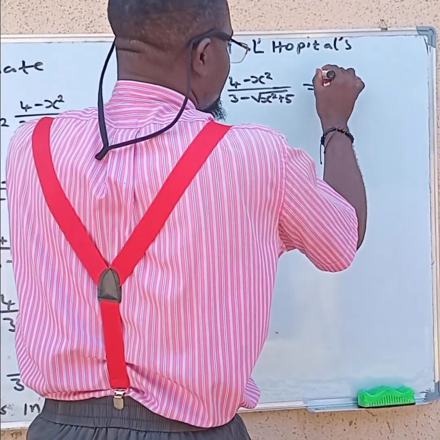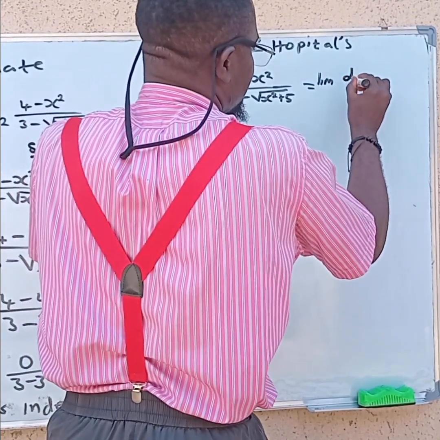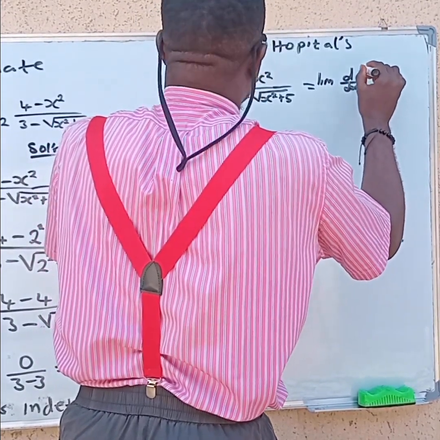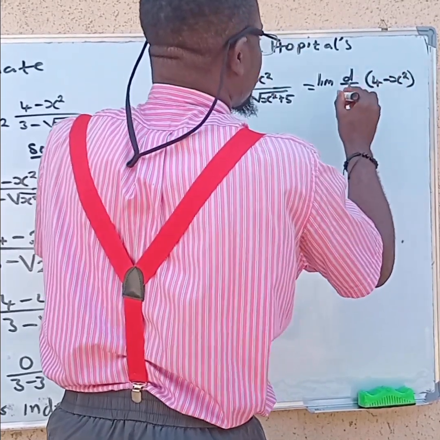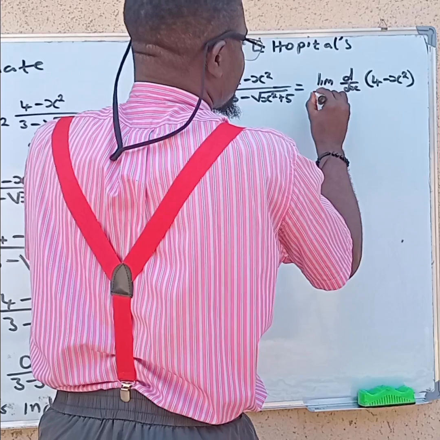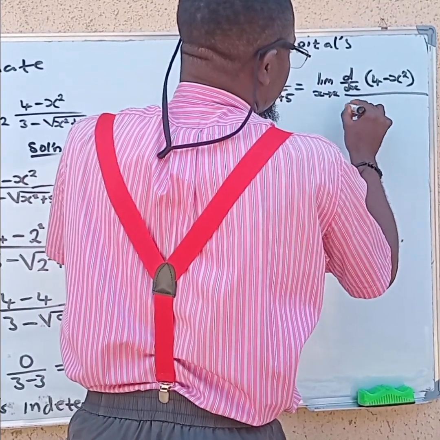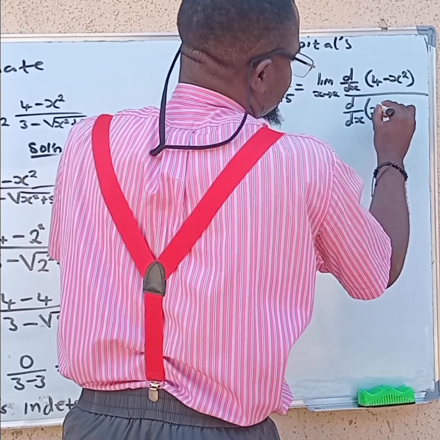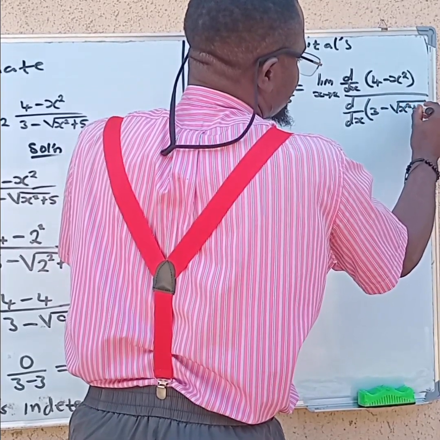It will now be the limit of the derivative of 4 minus x squared over the same thing under 3 minus root x squared plus 5.